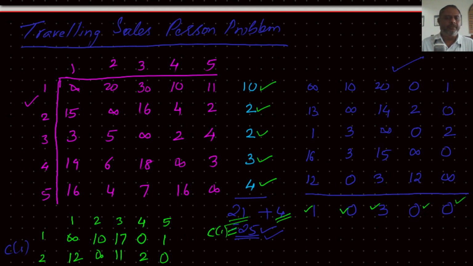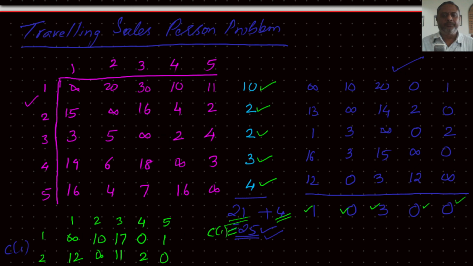So it says the solution is 1 to 4, 4 to 2, 2 to 5, 5 to 3, and from 3 back to 1. Okay, what is 1 to 4? So back to our original problem.